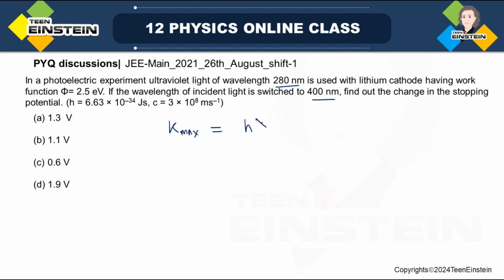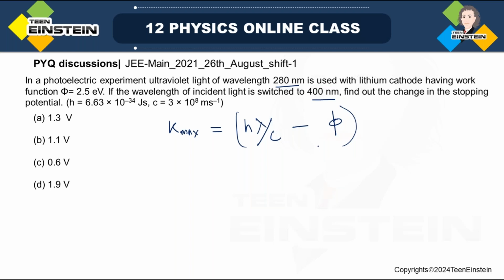So that we can write hc by lambda, because these are given in terms of wavelength, hc by lambda minus phi, that is the energy of the work function. Okay, this is the work function energy. Okay, work function.